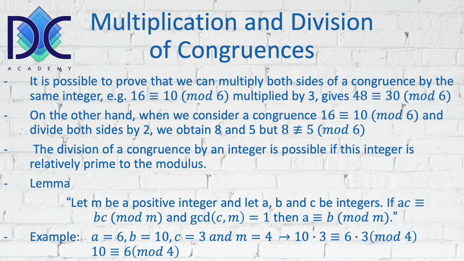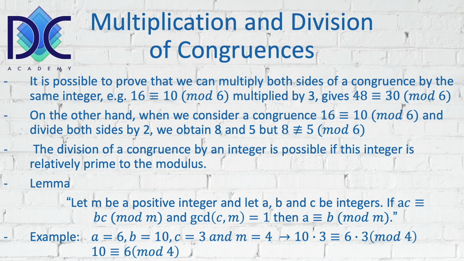The next thing we have to do now is divide both members by 3, and we know that the greatest common divisor of 3 and 4 is 1. So there is no common number that divides both. So the greatest common divisor is 1, and we can divide both sides by 3.